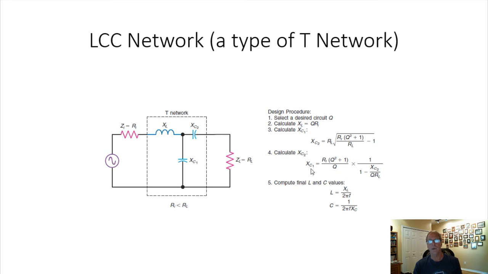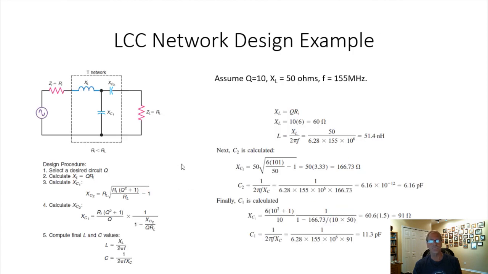Then you calculate the capacitive reactance of that capacitor, I'm sorry, C2. I guess these are backwards, but you do C2 first and then C1. And then you compute the final L and C values. So I think I do an example here.